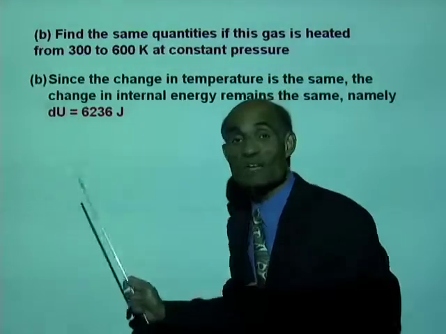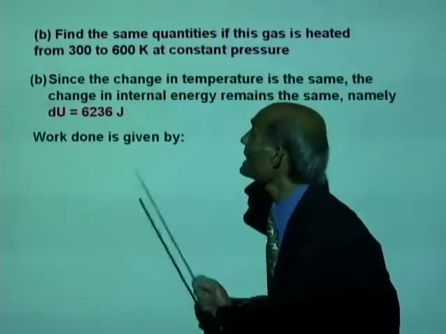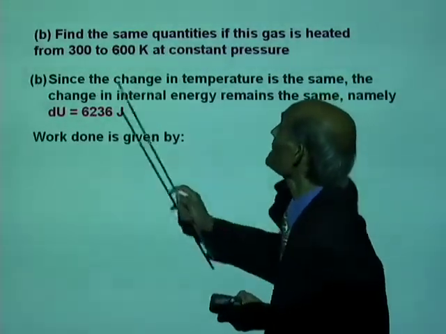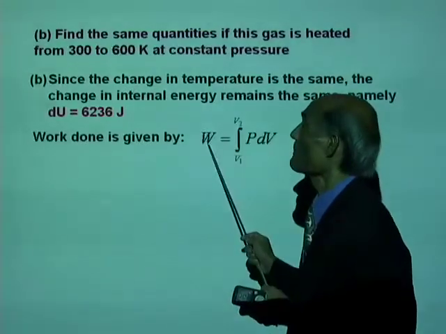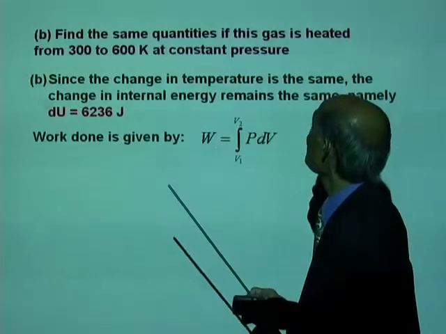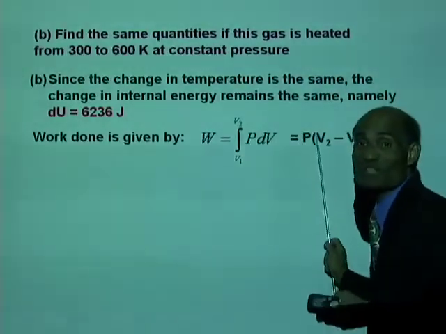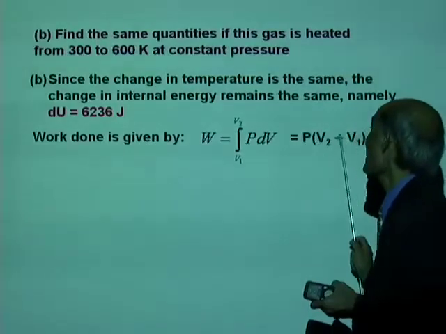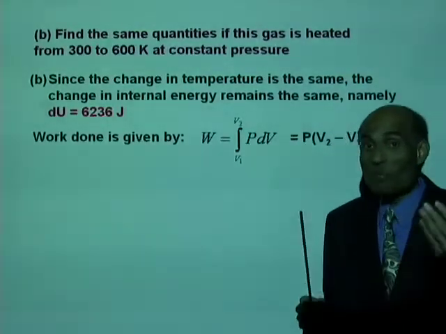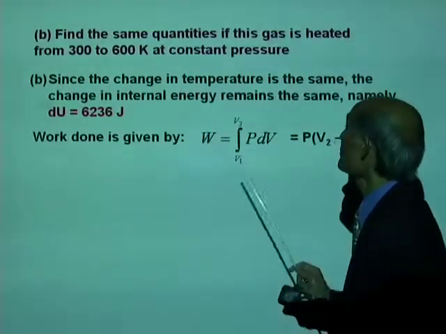So that will not change from the previous problem. Well, what is the work done when the pressure is a constant? Well, W is the integral from V1 to V2 of PdV, which when the pressure is a constant is P times V2 minus V1. Is that right? An isobaric process. The pressure is a constant in this case.